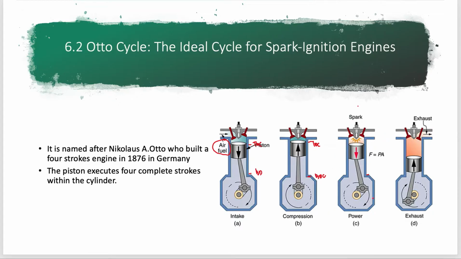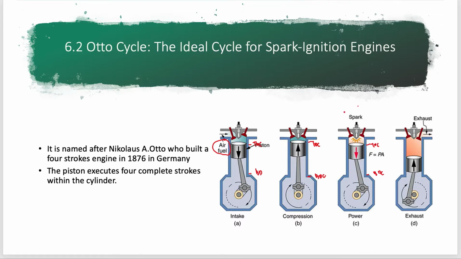What happens next is the power stroke. The spark plug will ignite the fire to burn the air and fuel inside this cylinder. So, this stroke is the power stroke, where the piston moves from TDC to BDC.